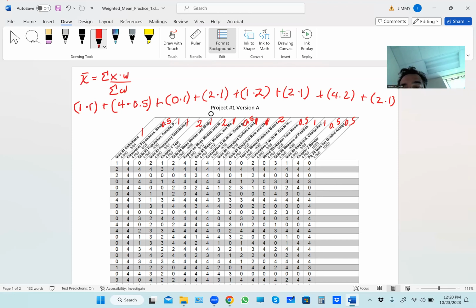Okay, it's erasing. I'll go ahead and write it over here on this side. Plus 4 times half. I'm sorry it's a little bit messed up, but I'm running out of space. 4 times half. And then you have 3 times 1. And then you have 0 times 1.